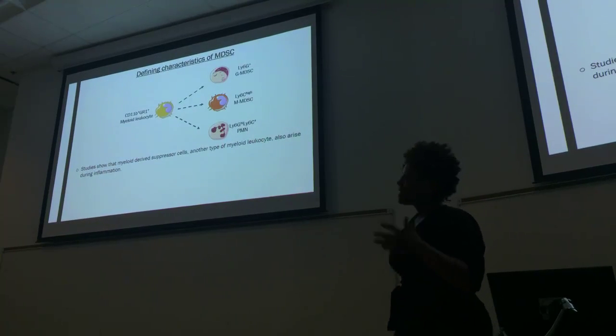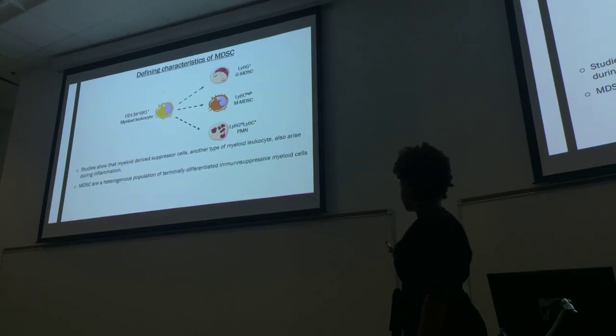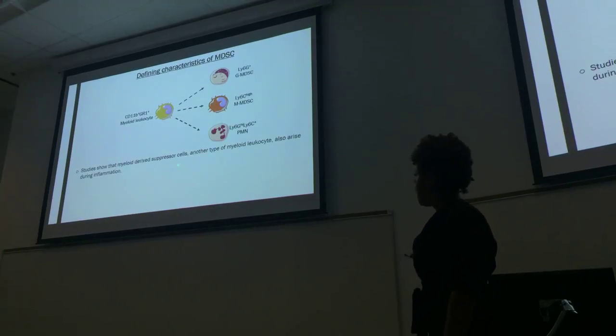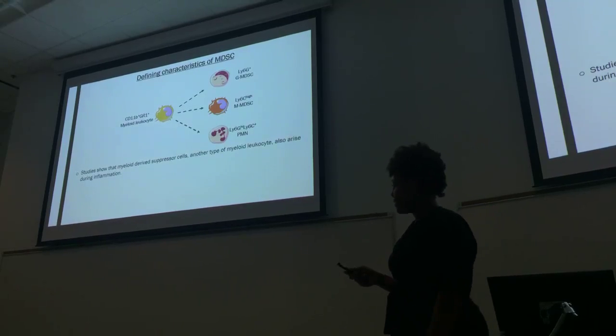So when we got this data, we were like, okay, what's going on? So we looked in the literature, and we found that under chronic inflammatory conditions, myeloid-derived suppressor cells, which are another type of myeloid leukocyte, have also been found to arise during chronic inflammation.